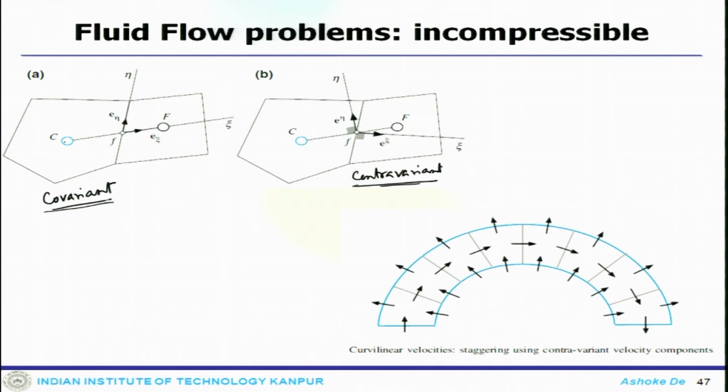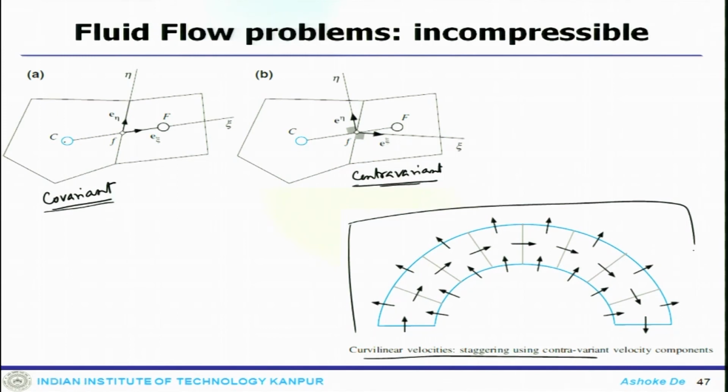And if you use the covariant and contravariant in the curvilinear system, then this looks a perfect staggering arrangement which does not have any problem, or you may not have at all the alignment of the flow field with the geometric curvature.